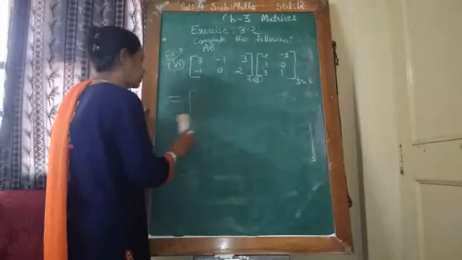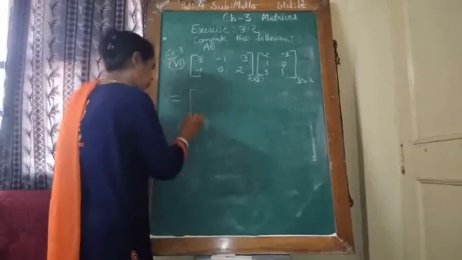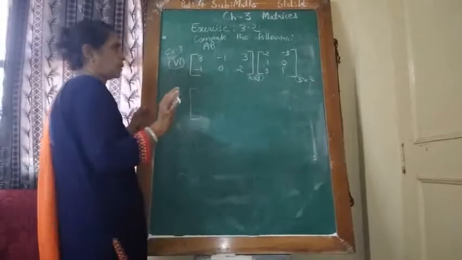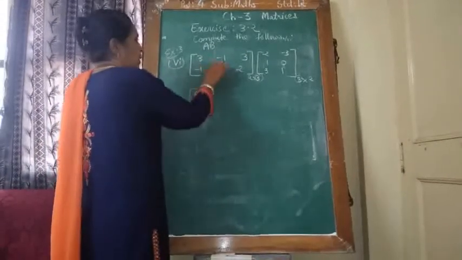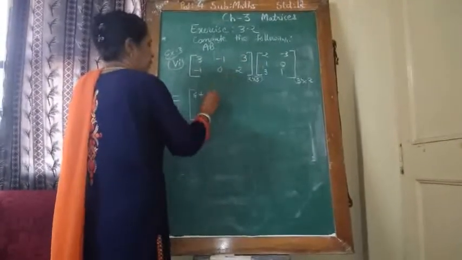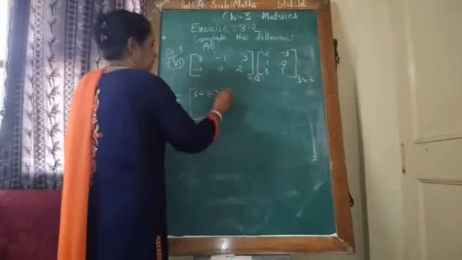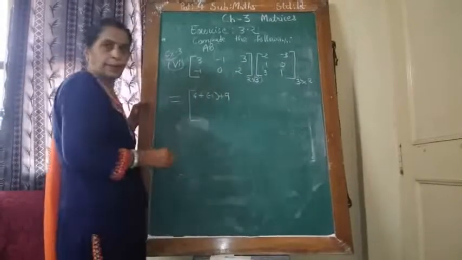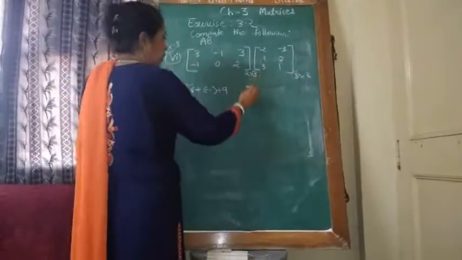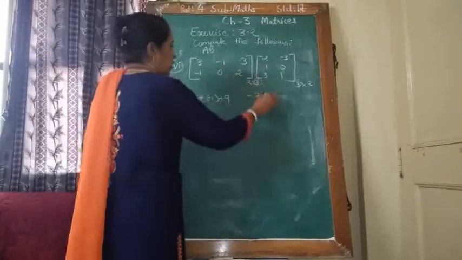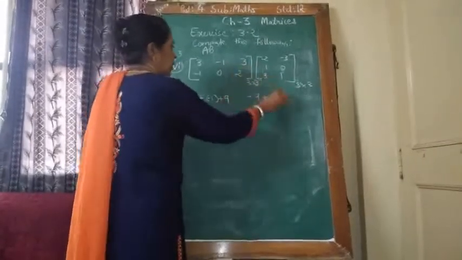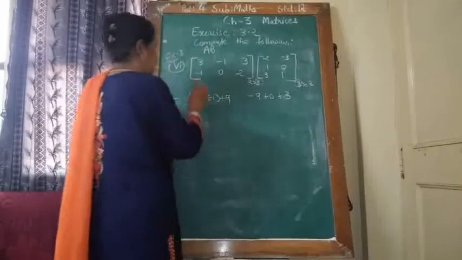So you do not need to draw a big matrix. Only 2 rows and 2 columns. 3 2s are 6 plus minus minus, so minus 1 plus 9. Okay. Now first row, second column, 3 3s are 9 but minus 9. 0, usually number is 0. 3 1s are 3, 2 1s are 2.